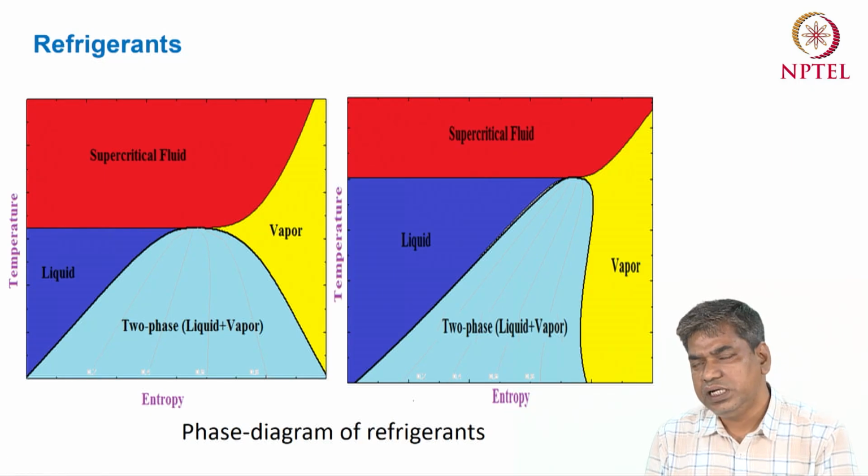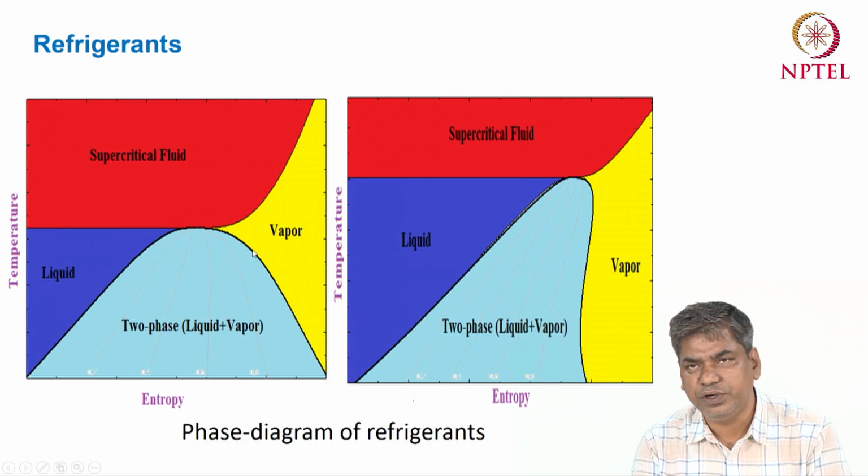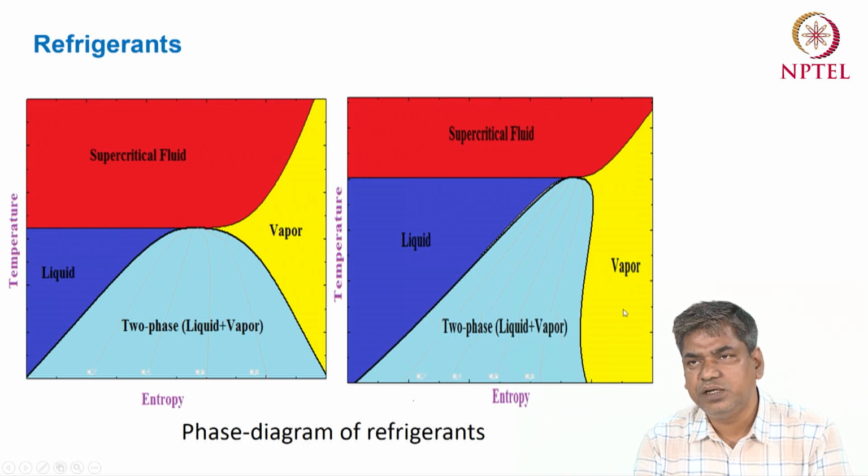Okay, so in case of wet fluid, if you expand the fluid at any saturation point, high temperature saturation point, then you will see that it will come in the two phase zone. But in case of dry fluid, if you expand from a high temperature saturation point like this point, then you will see that it is coming in a single phase only, that means the superheated vapor zone only.